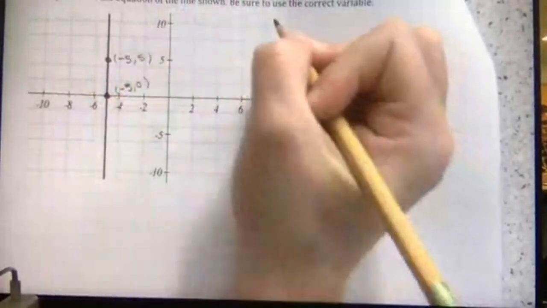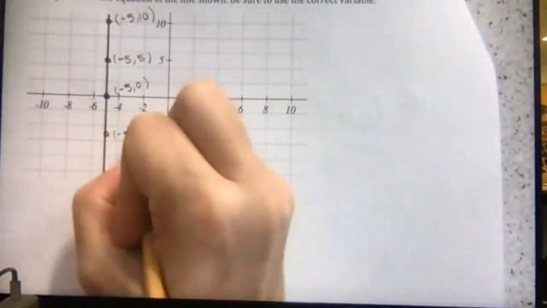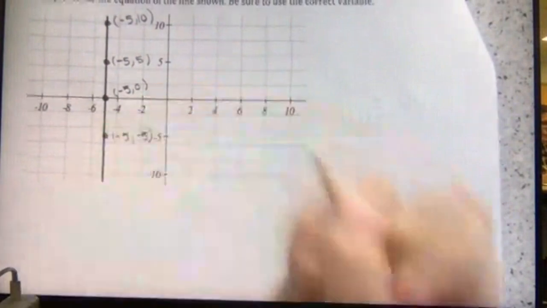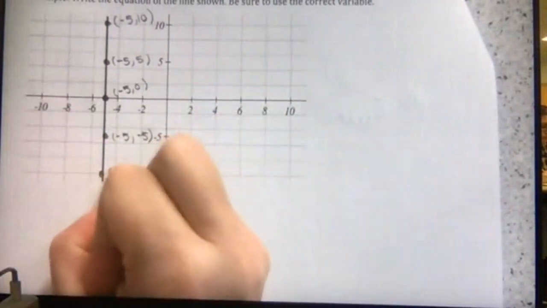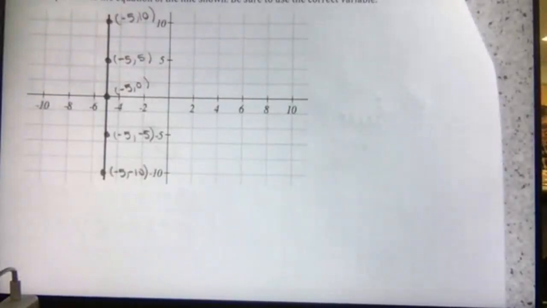This point right here is over -5 up 5. This point is over -5 up 10. Over -5 down 5. Over -5 down 10. This is straight vertical. I just wanted to find some different points.